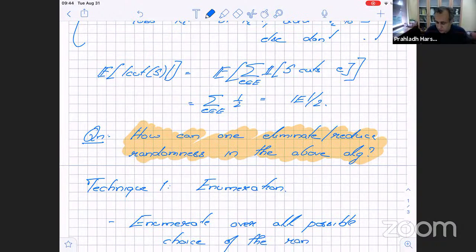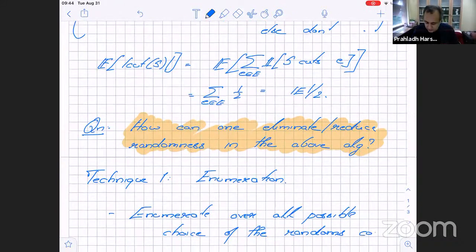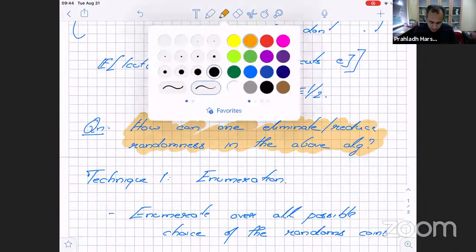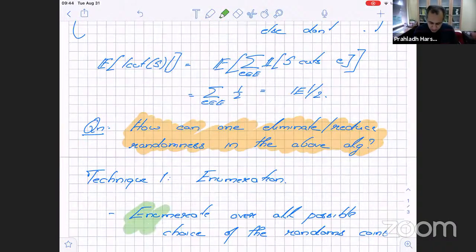We know the number of choices of the random coins is polynomial because typically we're dealing with polynomial time algorithms. So is this a satisfactory answer? That's the enumeration technique.